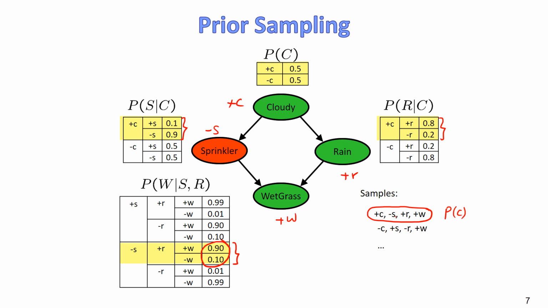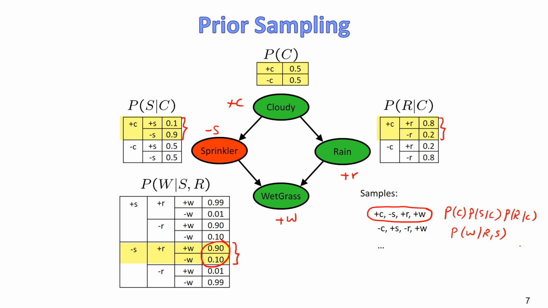So that's probability of C times what is the probability of getting S after we got C? That's P of S given C, right? That's what we did. We got C, and based on that, we get S based on C. Then P of R given C, then P of W given R and S.